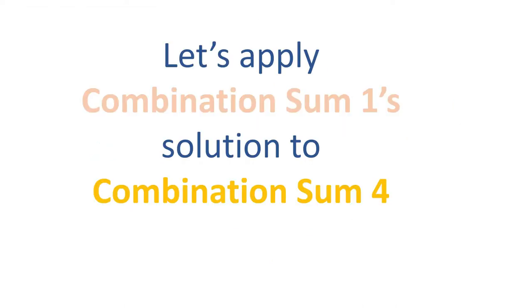Now the question is, it looks similar to the solution of the combination sum 1 problem, right? So can we directly apply the combination sum 1 solution to combination sum 4? Obviously, there we are sending all the combinations, but here if we do result dot length, we should get the result.